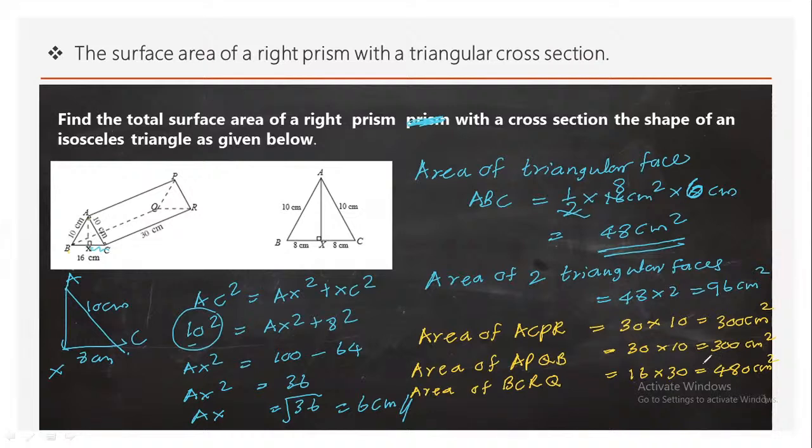Then the total surface area. This one, 96, the area of two triangular bases, plus 300 plus 300, plus 480. I don't have space, so I will write it here.